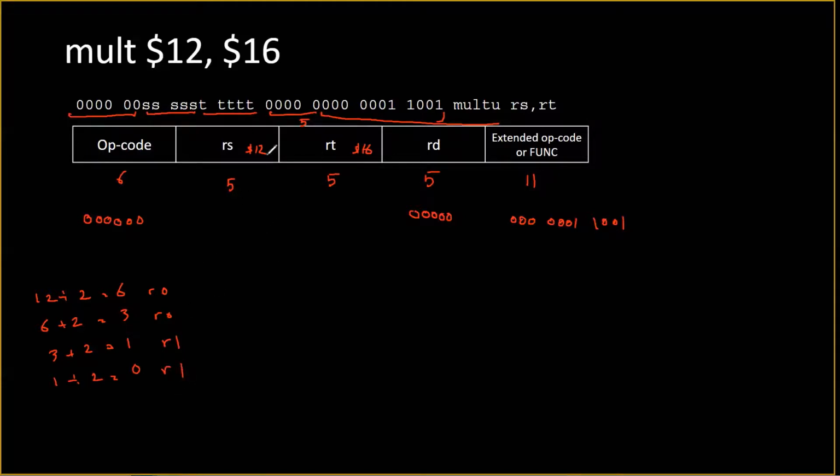So 12 is going to be 1100. And we have 5 bits, so I have to pad with 0. If you look at that, 0, 1, 2, 3, that's 2 to the power of 3, which is 8, and this is 2 to the power of 2, which is 4. So 8 plus 4 is 12.